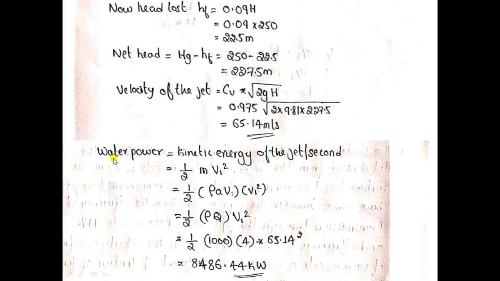The water power is given by the kinetic energy of the jet per second, which is half m V1 square. Here m is the mass of water striking per second, which is rho A V1, and A V1 is Q. If we substitute all these values, we get the water power as 8486.44 kilowatts.